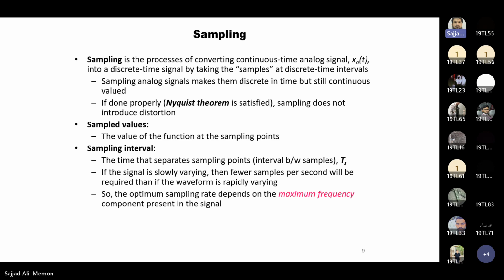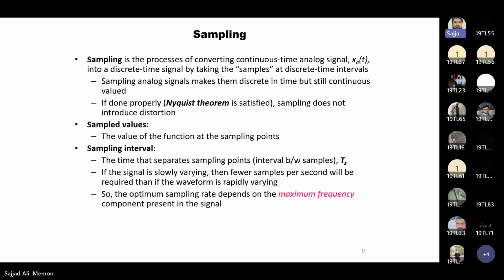So sampling is the process of converting a continuous time analog signal x of t into a discrete time signal by taking the samples at discrete time intervals, and sampling analog signals makes them discrete in time but still continuous valued.